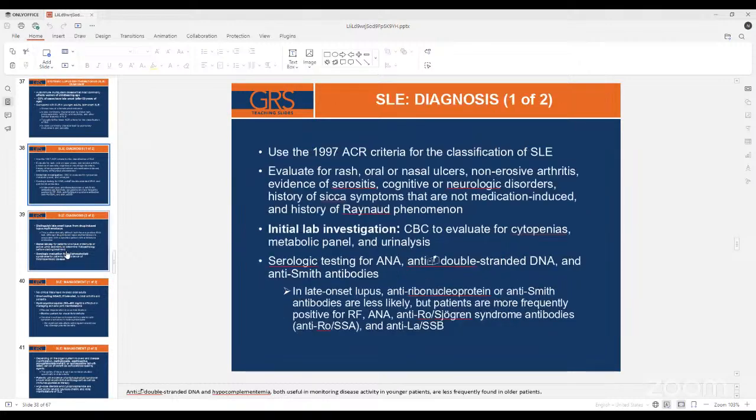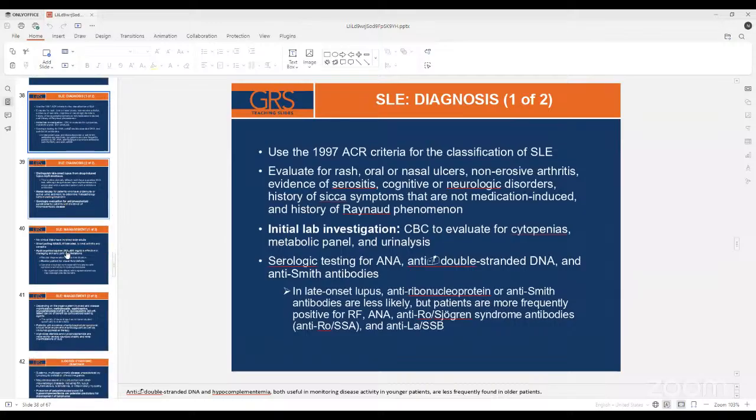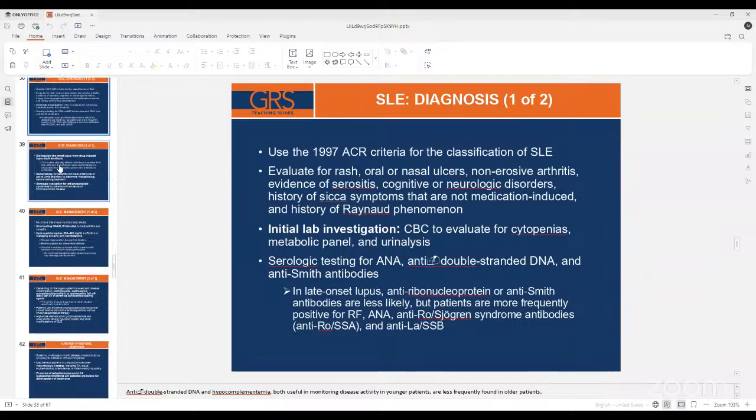For diagnosis of SLE, we use the 1997 ACR criteria for classification. We evaluate for rash, oral or nasal ulcers, non-erosive arthritis, evidence of serositis, cognitive or neurological disorder, and history of seizures or psychosis not medication-induced, and Raynaud phenomenon.